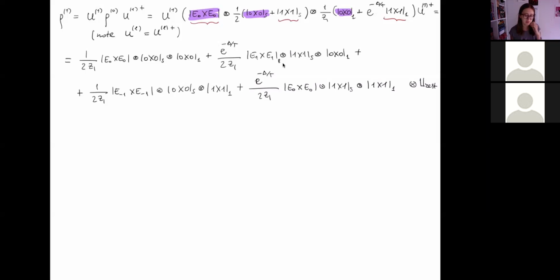Now let us look, and then again, what you can see here is that because we started with this mixed state, which for these three systems can be expressed as a diagonal density matrix, then after each application of the corresponding unitary, we continue to get the same diagonal state on these three systems.